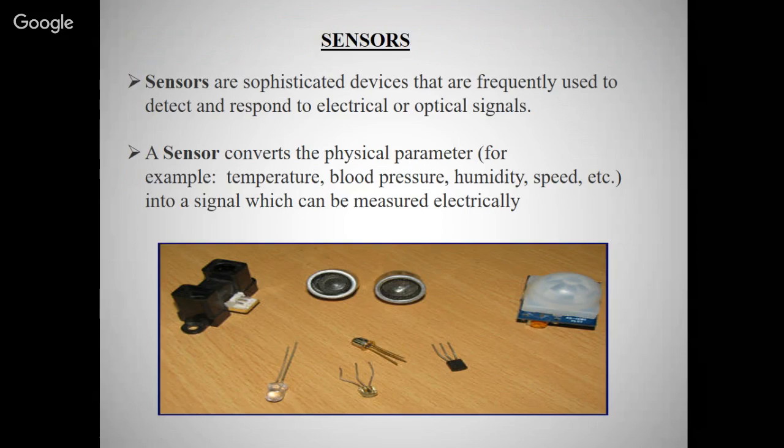In the LDR, when light is there, the resistance is very low, around 100 ohms. When it is dark, if you put your hand on the LDR, the resistance changes to around 10k. There is a large variation in the resistance of the LDR, and this is what we have used in the solar tracker.